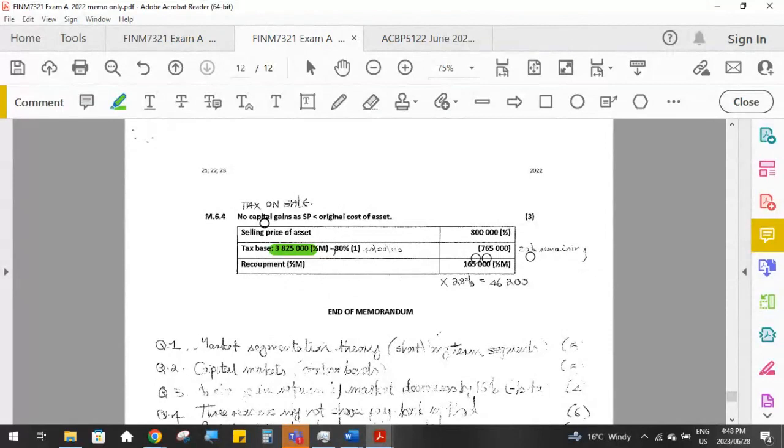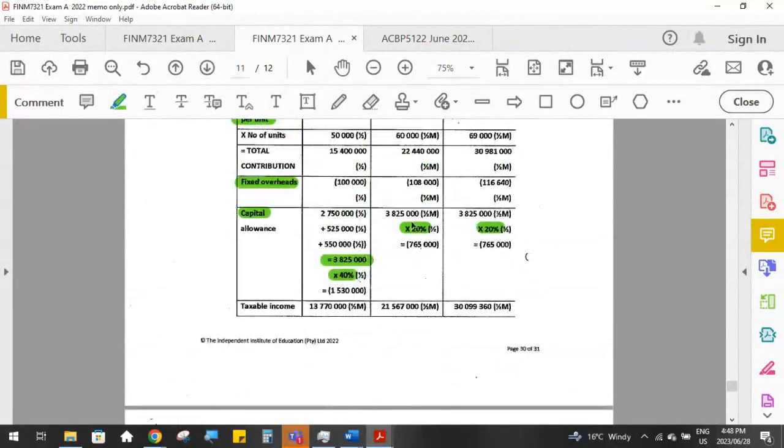Remember, this is at the end of year 3. So at the end of year 3, the carrying tax value of the machine will be the 3825 minus these 3 years' worth of tax allowance.